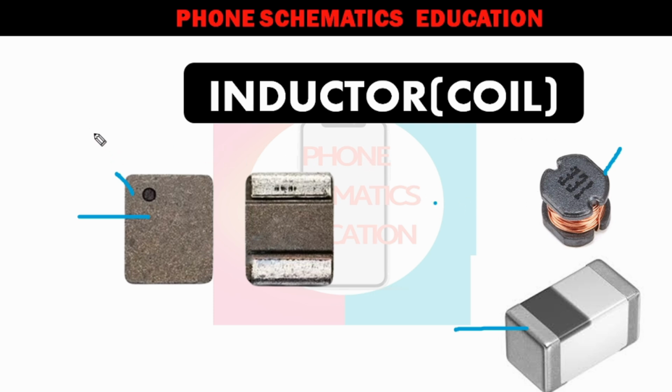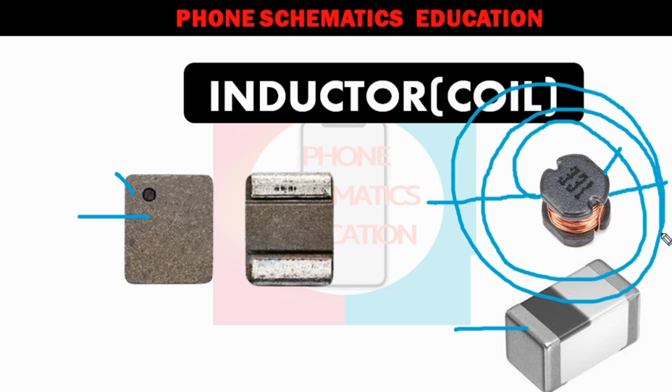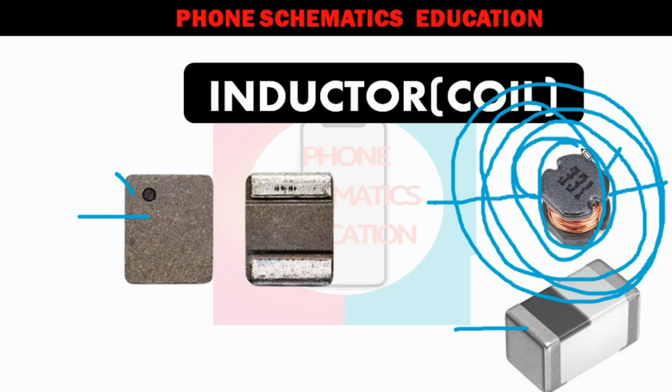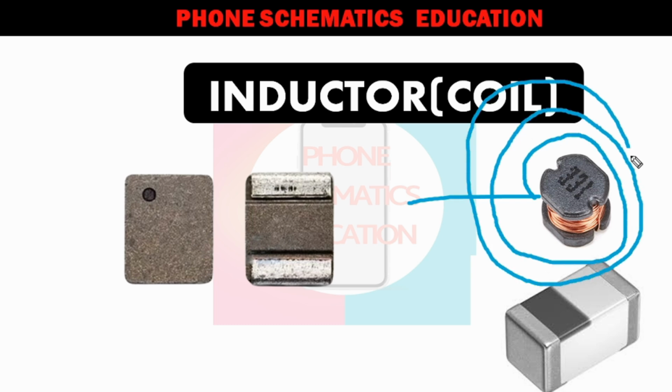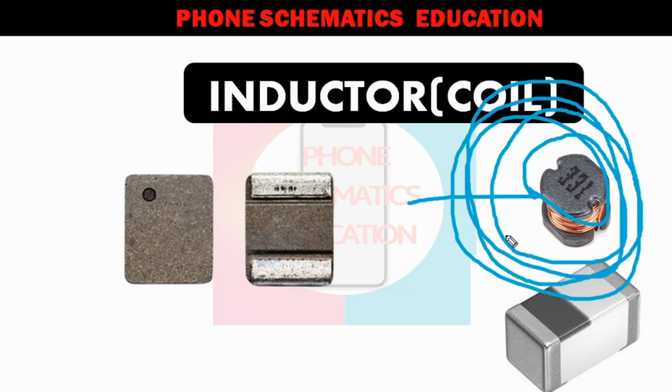Suppose when a voltage passes through this buck line, it will store energy in a magnetic field like this. Clear? An inductor works like a magnet, because when voltage passes, it works like an electronic magnet, storing energy in a magnetic field. That's why it works like a magnet, right?